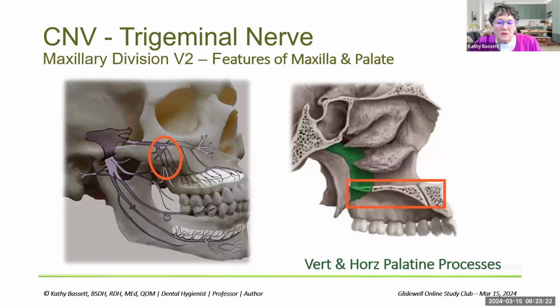In the orange square, note the porosity of the bone of the maxilla and the palate. And look right there between the green and the beige, that junction where we have the palatine bone segment of the hard palate. That's going to become relevant when I talk about greater palatine nerve blocks and true maxillary nerve blocks a little bit later.